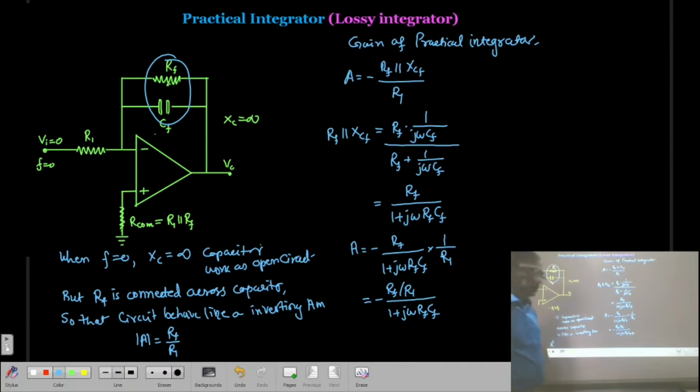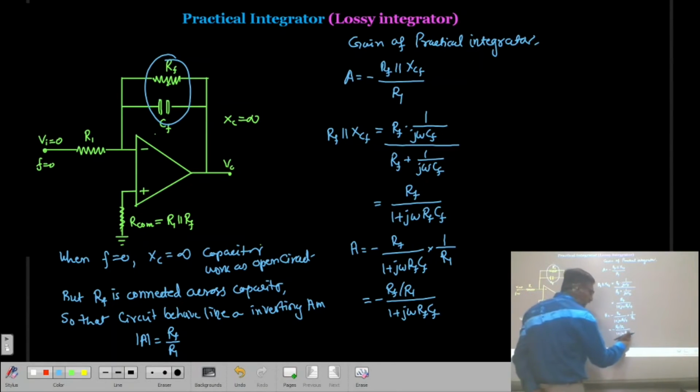Correct? Now here we will define one more term, that is Rf Cf. Already you know it is a kind of time constant, and the time constant is related with a frequency, correct? So this is representing a kind of frequency also.